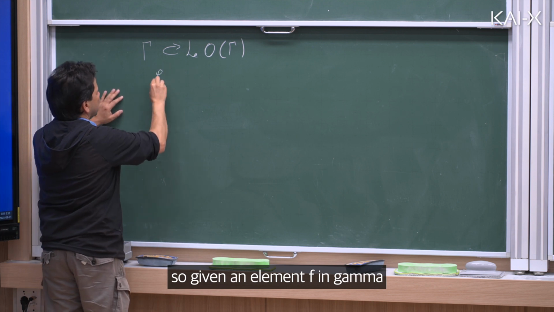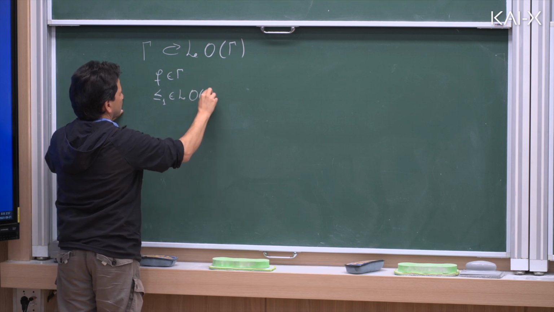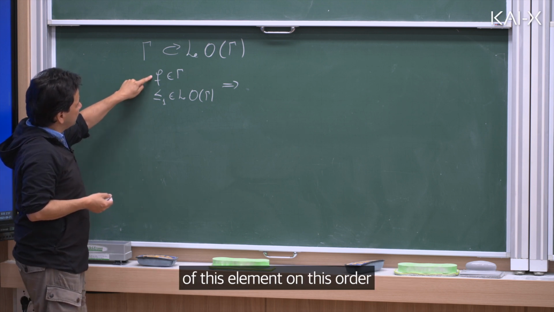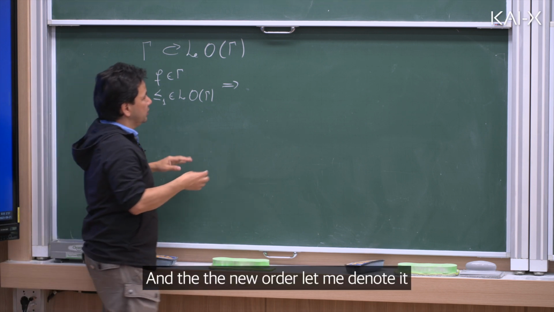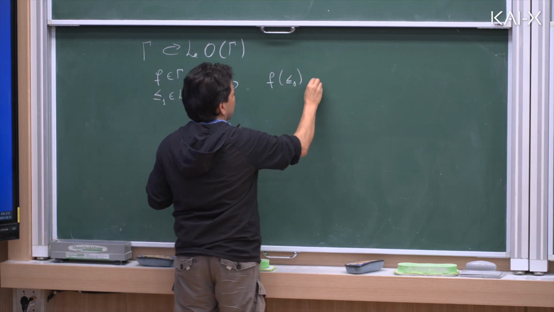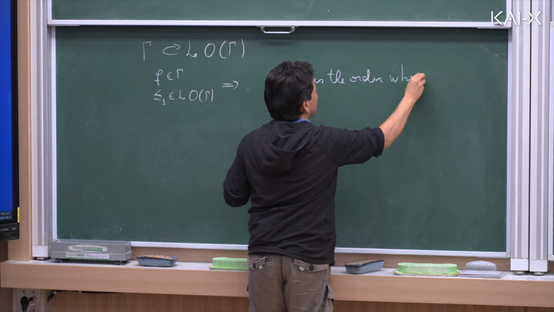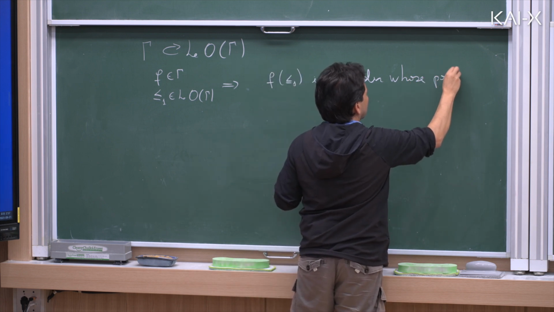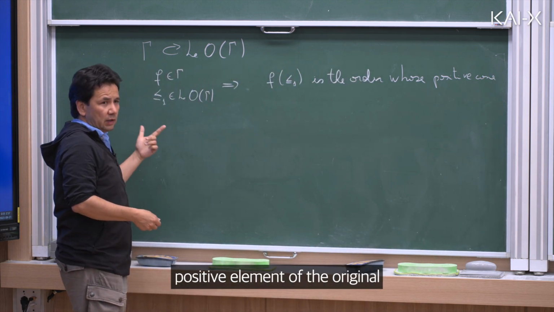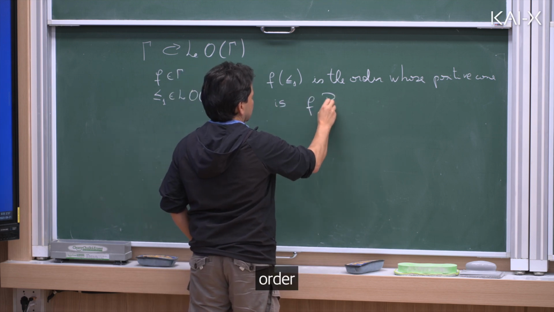So given an element f in gamma and an order on the group, there is another order which is the action of this element on this order. Okay, and the new order, let me denote it f of this, is the order whose positive cone, the set of positive elements, are the conjugates of the set of positive elements of the original order.